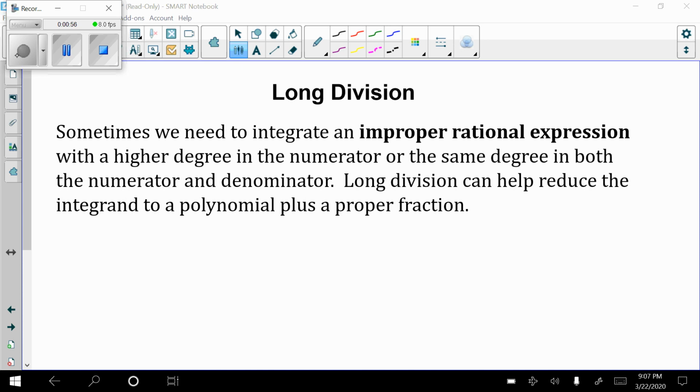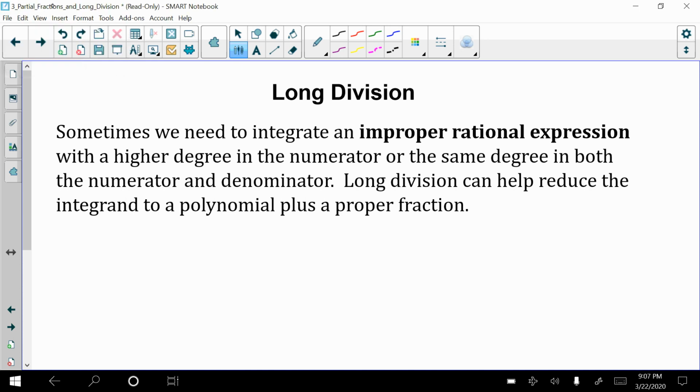Now, one of the things that you do need to be aware of is that you may use long or you may use synthetic division. And depending on what your divisor is, meaning your denominator, you may want to use synthetic division more than long division.